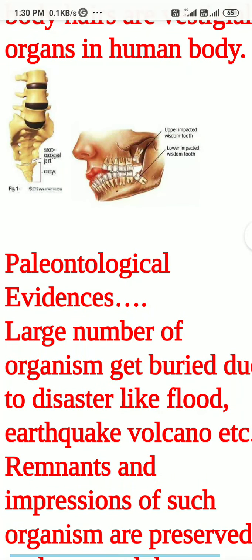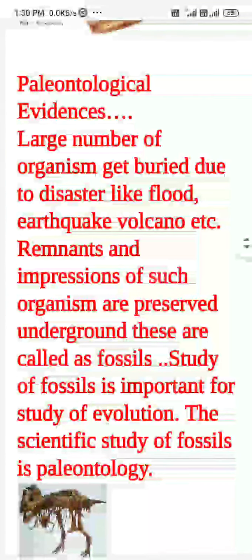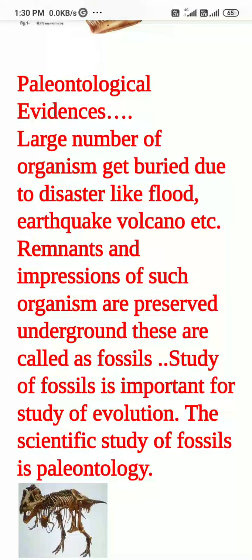After this, paleontological evidences. Paleontology means what? Science of fossils. A large number of organisms get buried due to disasters like flood, earthquake, volcano, etc. Remnants and impressions of such organisms are preserved underground.